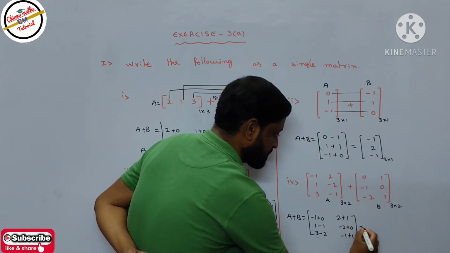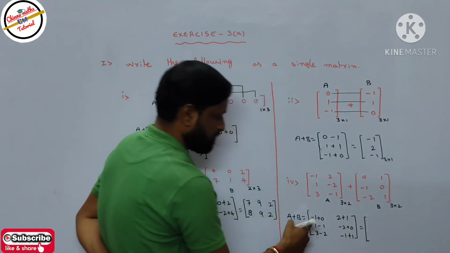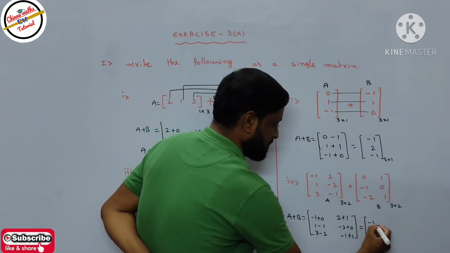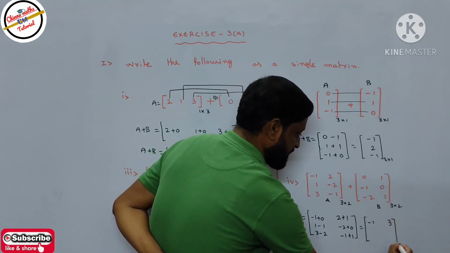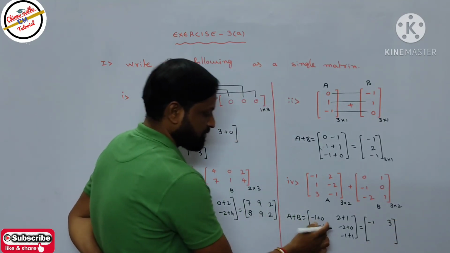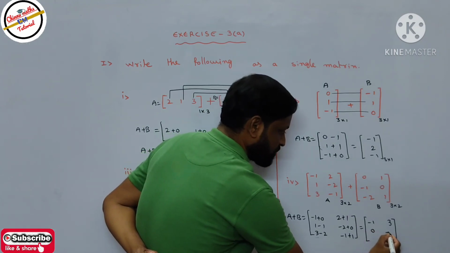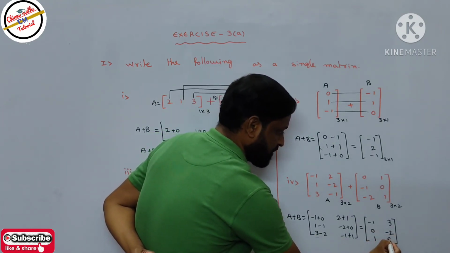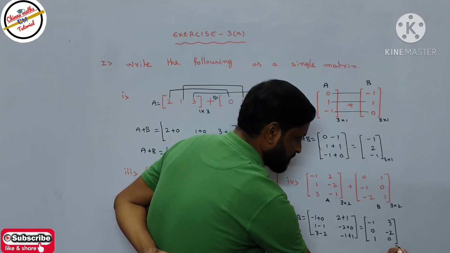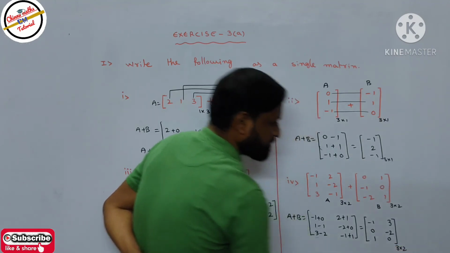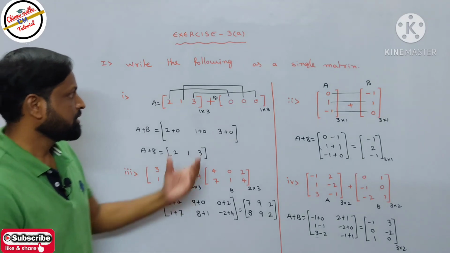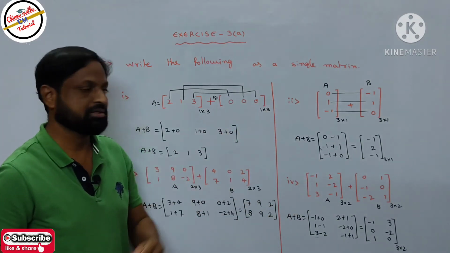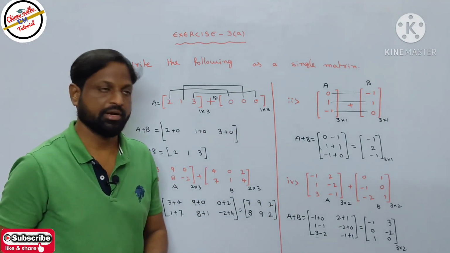Calculating: minus 1 plus 0 is minus 1, 2 plus 1 is 3, minus 1 minus 1 equals minus 2, minus 2 plus 0 equals minus 2, 3 minus 2 equals 1, minus 1 plus 1 equals 0. The order is 3 by 2. So the given two matrices can be written as a single matrix.